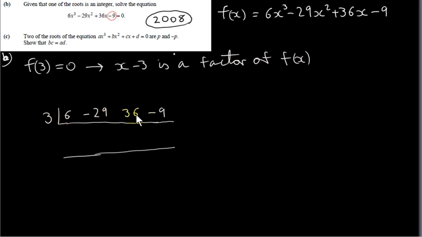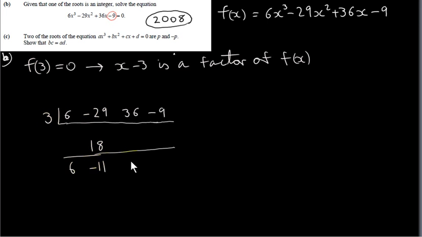So I've written out the coefficients of f of x here, and since 3 is a root, you write the root here. You write 6 down here. 3 6s are 18. You get minus 29 plus 18 is minus 11.